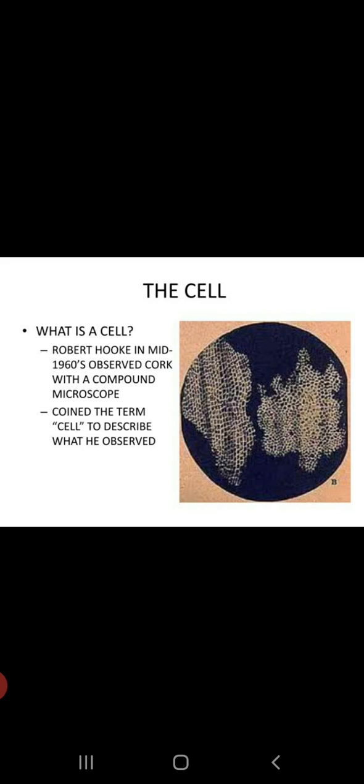However, children, the cells that Robert Hooke discovered were dead cells. So this was the first time that cells were discovered. Robert Hooke mentioned his discovery in the book called Micrographia. The tiny compartment-like structures appeared like a honeycomb.